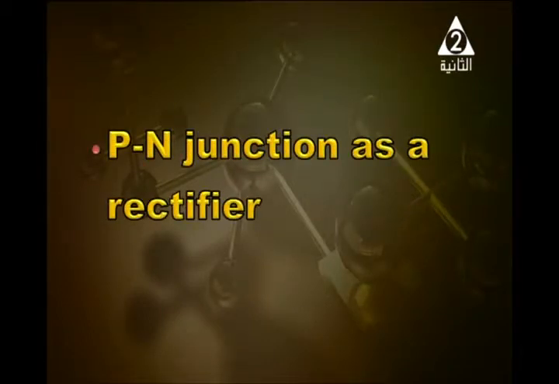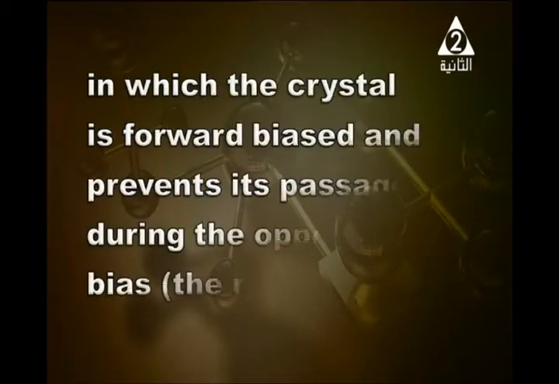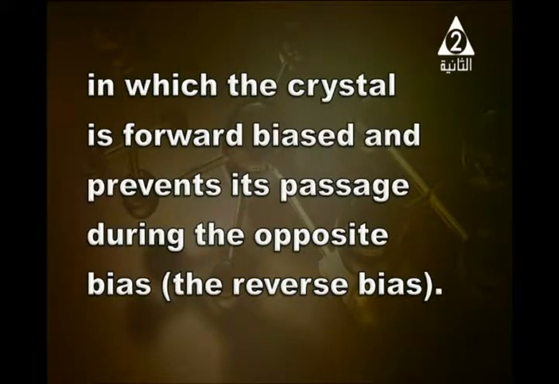What is the idea of the diode or PN junction as a rectifier? This is very important. The PN junction diode permits the passage of the AC current during the halves in which the diode is forward biased and prevents its passage during the opposite bias.